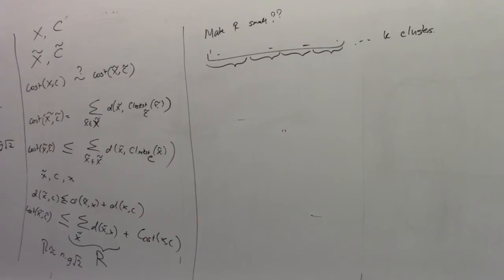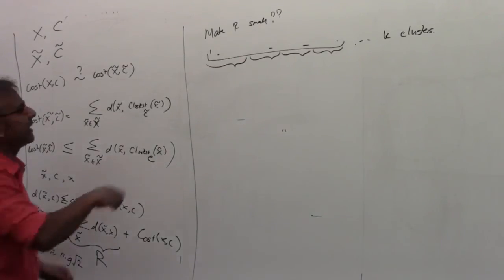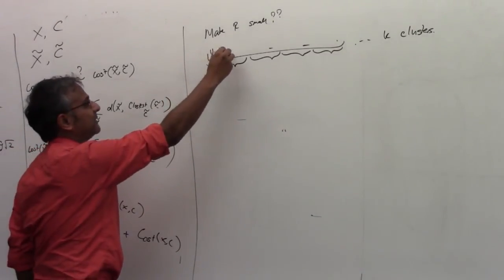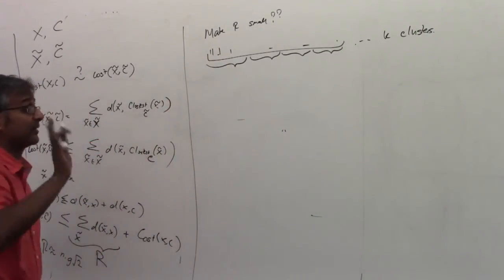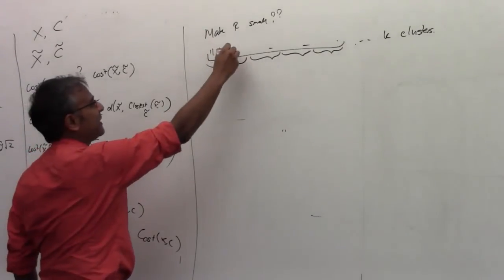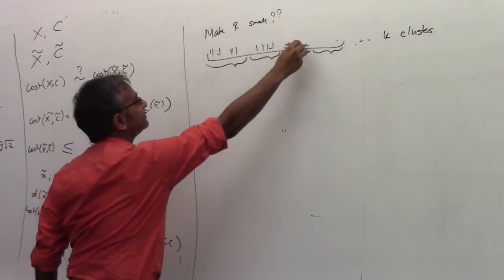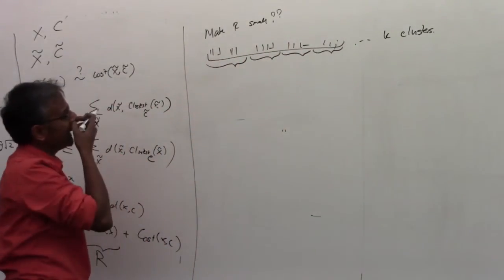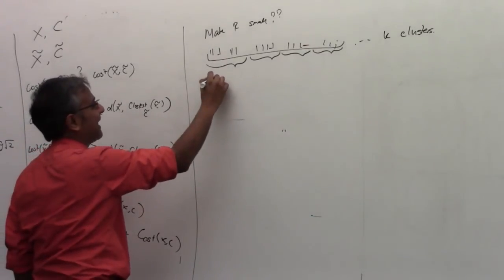And what we do there is we cluster each of these groups separately first, in parallel. So we will recursively, if you want. So we cluster each of these groups in parallel. Okay? And we get essentially k clusters from each.